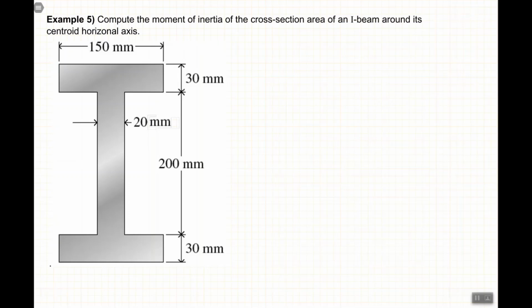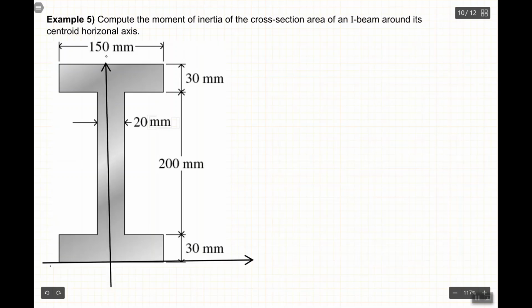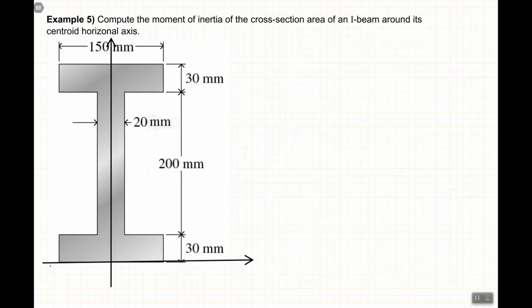But if we check carefully, we realize that for this area, it's not really that complicated, because the shape is symmetric, and most likely we don't need to do probably any calculation, and we can guess that the centroid must be exactly in the middle here. So that's the centroid, and we are trying to find the moment of inertia about this axis.